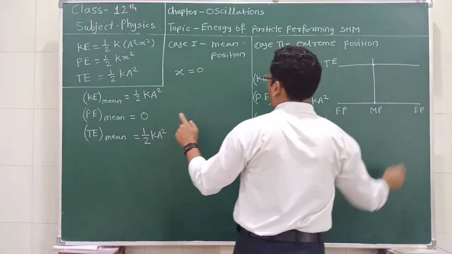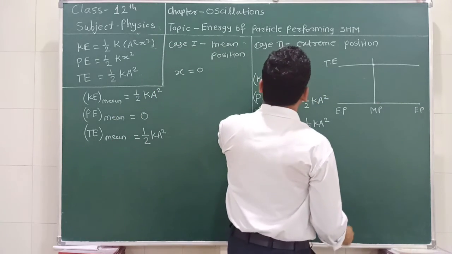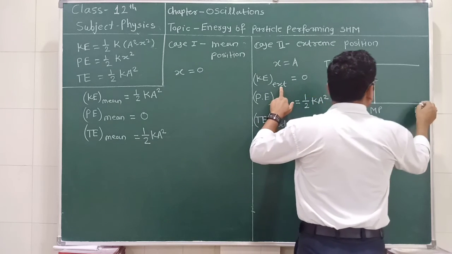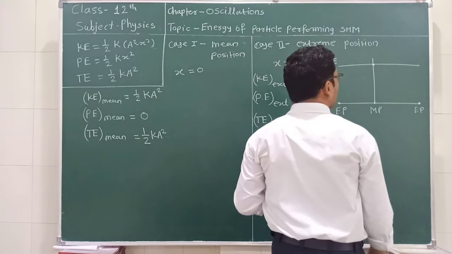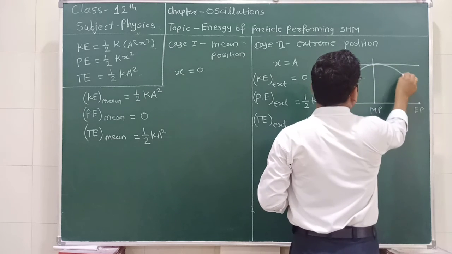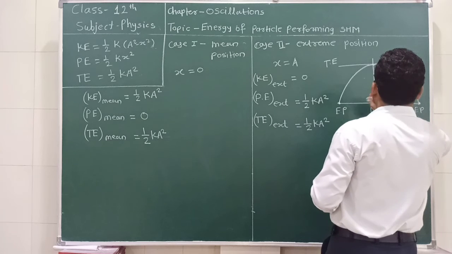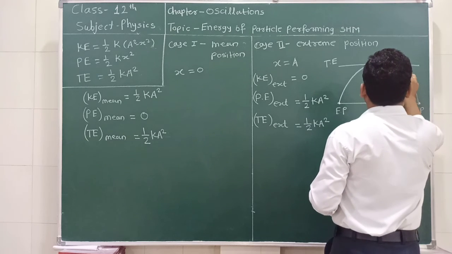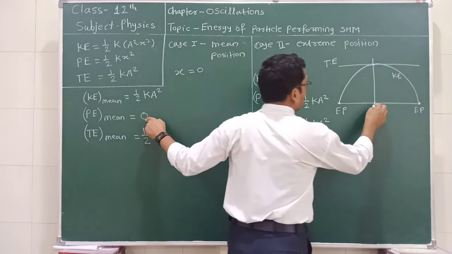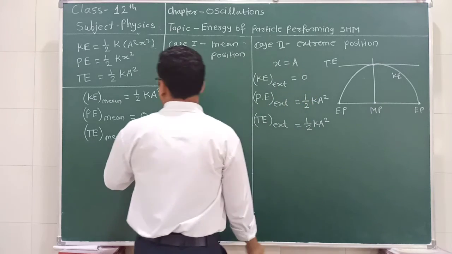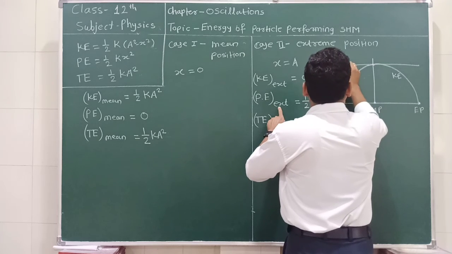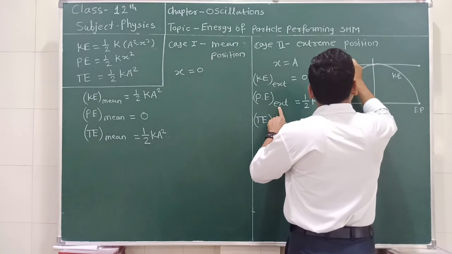We first draw the graph of potential energy. At the mean position the potential energy is equal to 0, so this is the potential energy. At the extreme positions the potential energy is maximum, so the graph is like this.